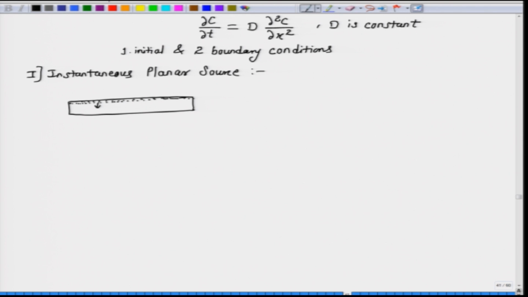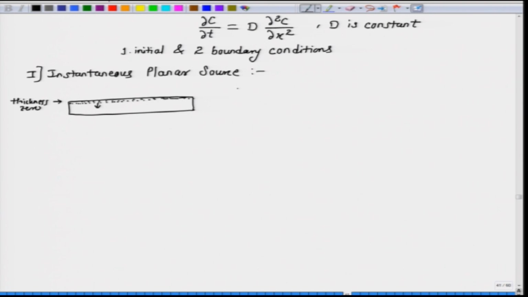And that is 0 everywhere except on the top surface, and the surface layer which is deposited is extremely small. So, for the purpose of solution we assume that the thickness of the layer is 0.